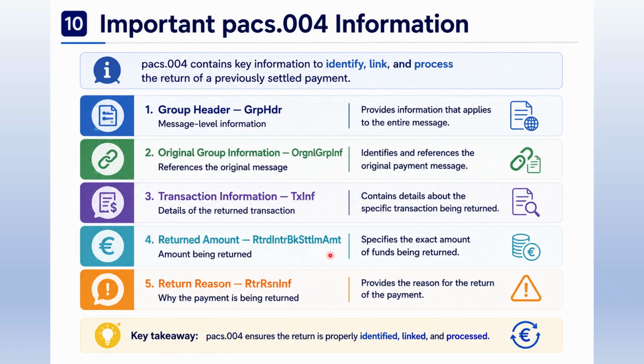This represents the amount being returned. And finally, we have return reason information, RtrRsnInf. This explains why the payment is being returned. So pacs.004 does much more than just say, send the money back. It carries structured information to identify, link, and process the return correctly.